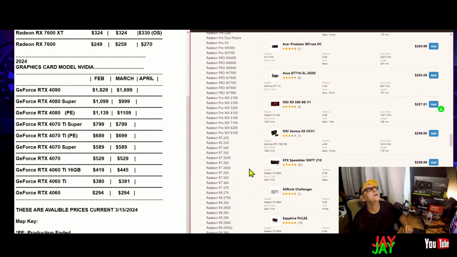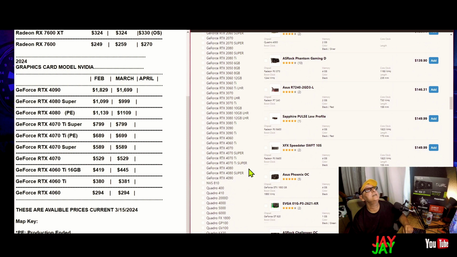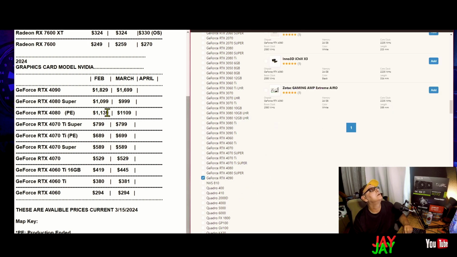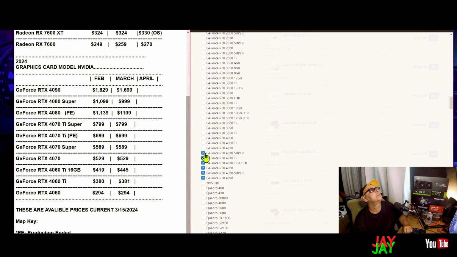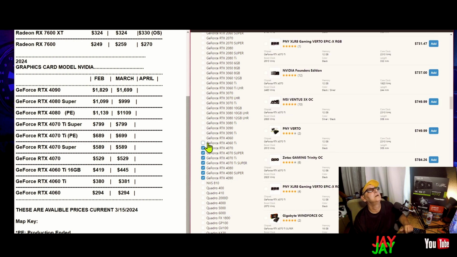Now we are going to go to the NVIDIA GeForce. We're going to be looking for the 4090, the 4080 Super, the 4080, the 4070 Ti Super, the 4070 Ti, the 4070 Super, the 4070, the 4060 Ti 16 gigabyte, and the 4060 Ti 8 gigabyte.